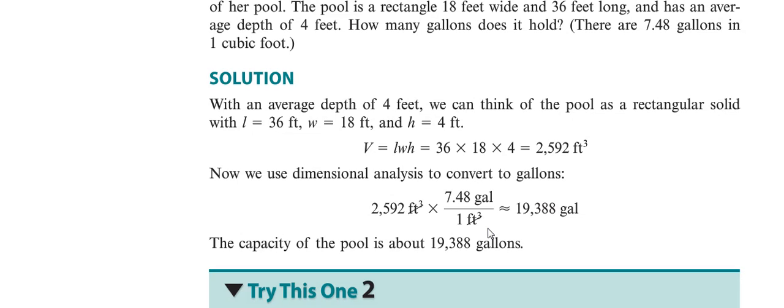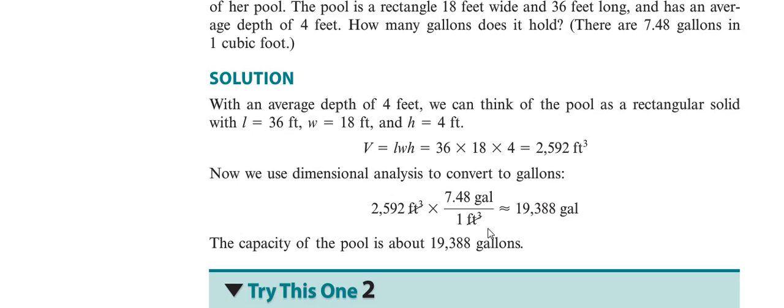When you set up that proportion, you would have 1 over 7.48, which gives you the cubic feet over the gallons, equals 2,592 cubic feet over X.